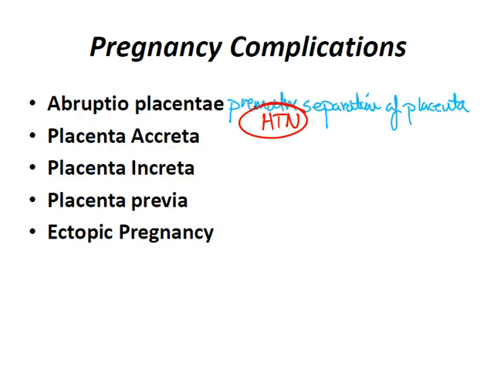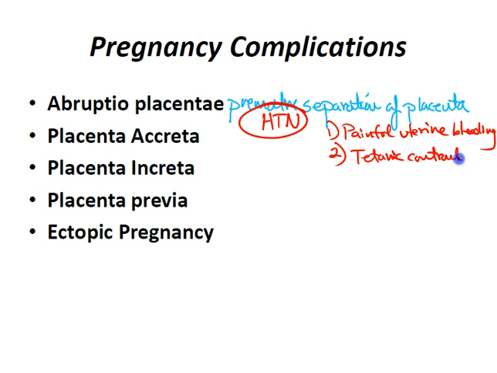Now, the clinical presentation is usually in the third trimester, and it's painful uterine bleeding, as well as tetanic contractions. Now, it may be associated with DIC, disseminated intravascular coagulation.